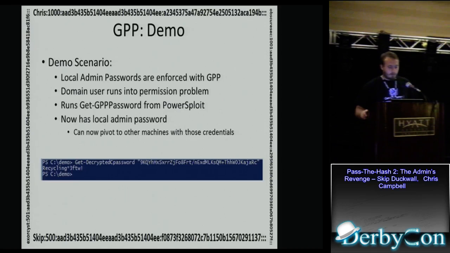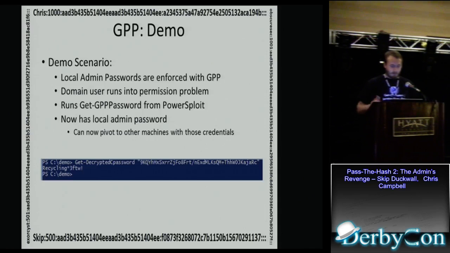All right, so we're going to do a quick demo that we recorded. The local admin passwords being enforced with group policy preferences. A limited domain user is going to try to do something with elevated rights. They're going to run a script that I wrote, Get-GPPPassword, which is basically a port from that Python script, which is available in PowerSploit.